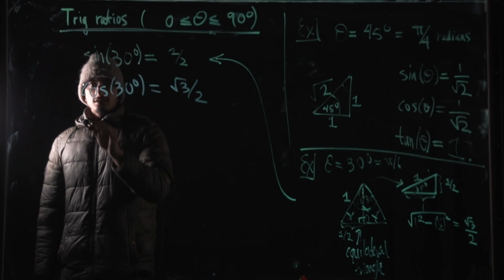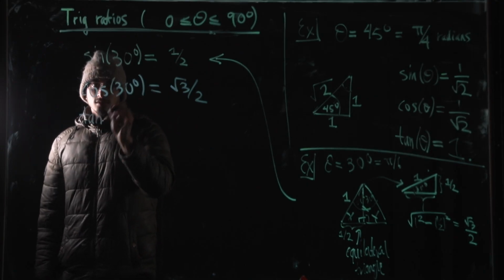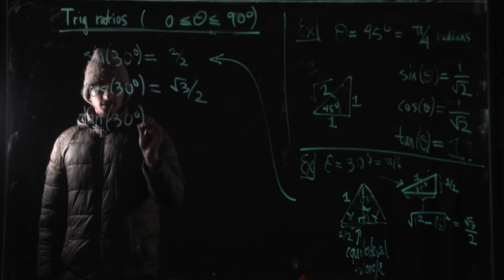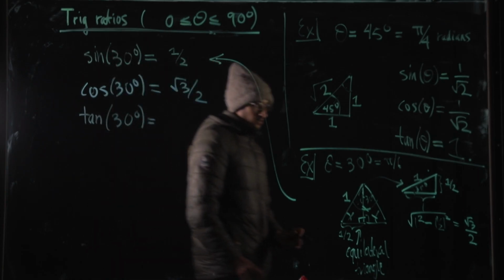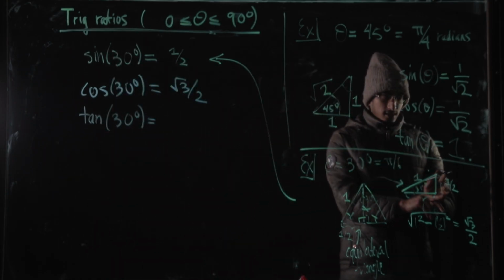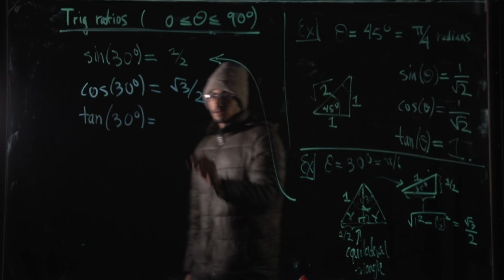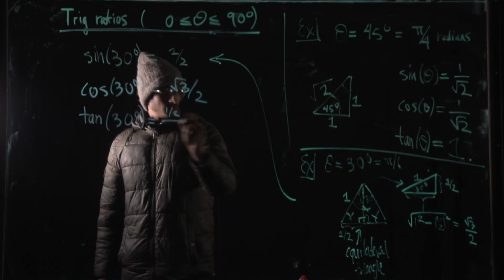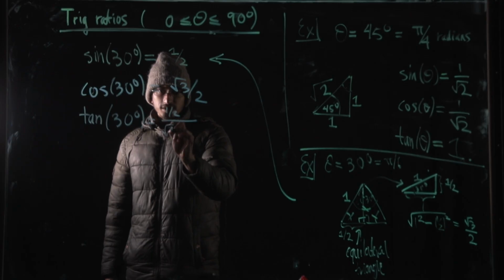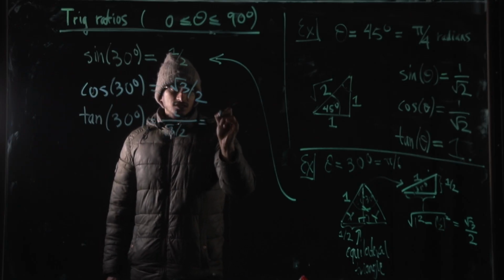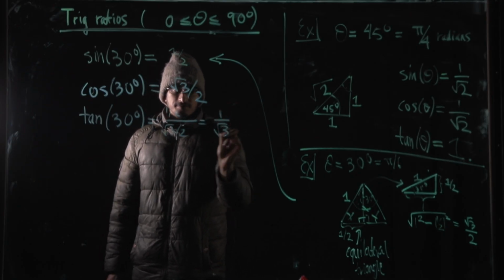And the tangent of 30 degrees is going to be the opposite side over the adjacent side. That's 1/2 divided by square root of 3 over 2, otherwise known as 1 divided by the square root of 3.